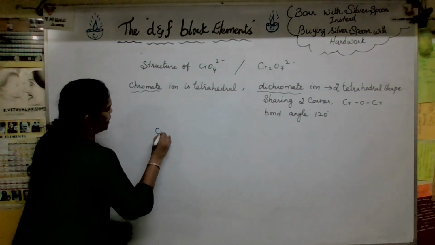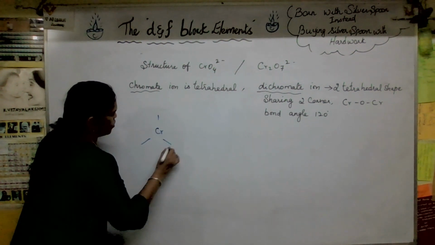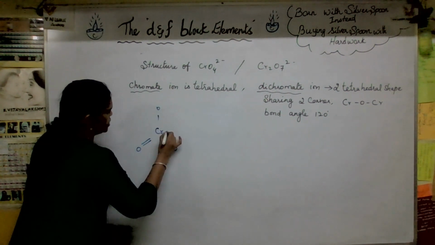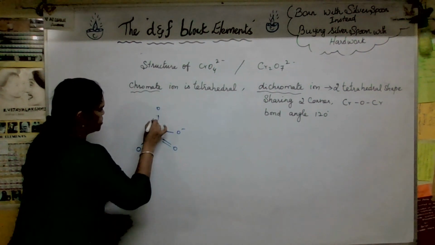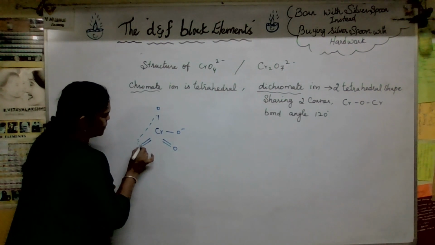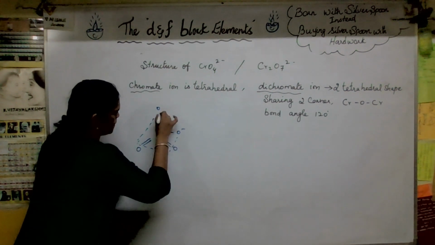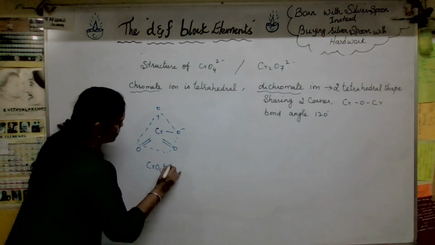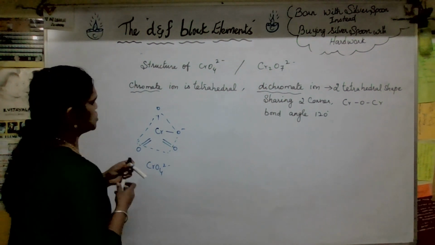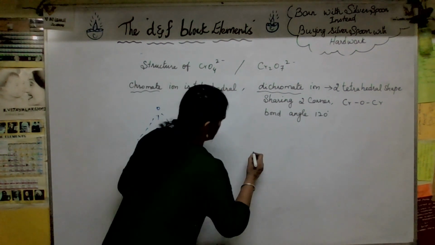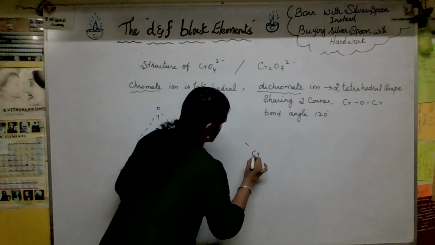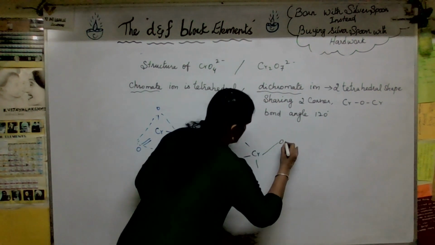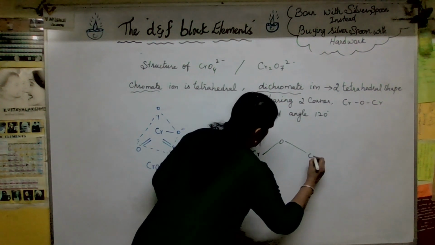Now the chromium ion is connected with oxygen tetrahedrally. Here oxygen O minus, so tetrahedrally. Okay, so CrO4 2 minus. Now the next one, the dichromate ion. Here Cr is connected with oxygen, and here one more oxygen, here Cr.